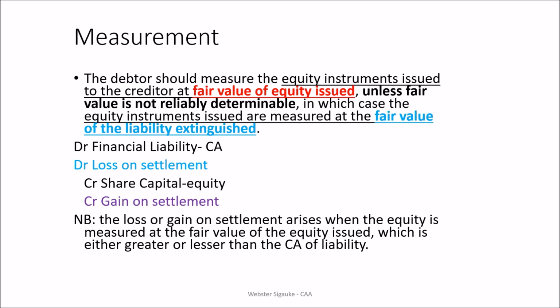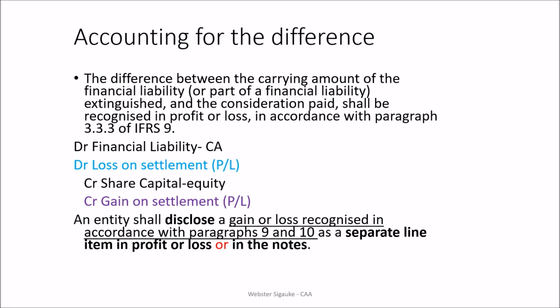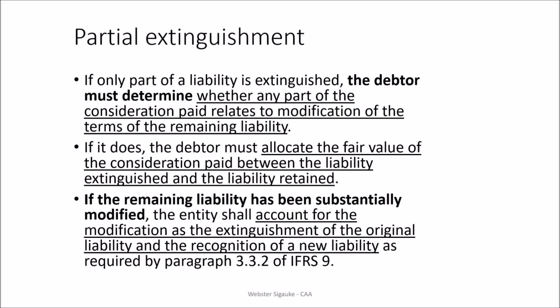So you're going to measure the additional share issue at fair value, and the loss or gain that arises when the equity is measured at fair value, being either greater or lesser than the carrying amount of the liability, shall be recognized in your profit or loss. The entity needs to disclose a gain or loss recognized in accordance with para 9 or 10 as a separate line item in the profit or loss, or you could show it in your notes.